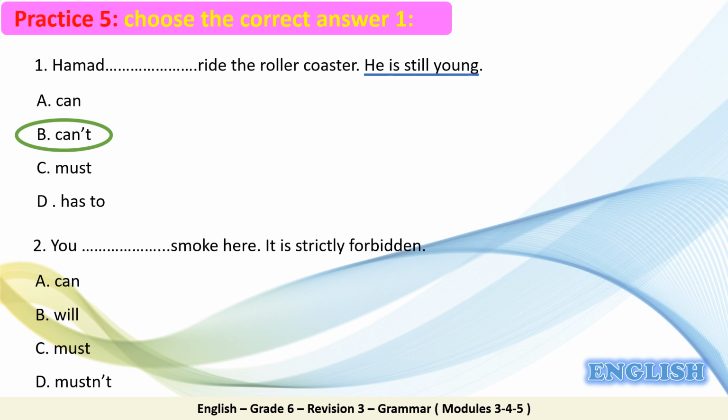You can, will, must, or mustn't smoke here. It is strictly forbidden. Who can do it? Excellent. It is strictly forbidden. And this means that it is forbidden by law. So the right answer is, as you said, you mustn't smoke here. Good job.